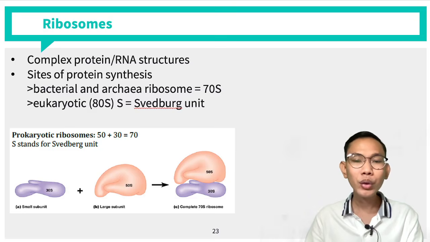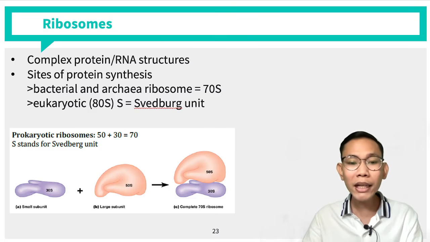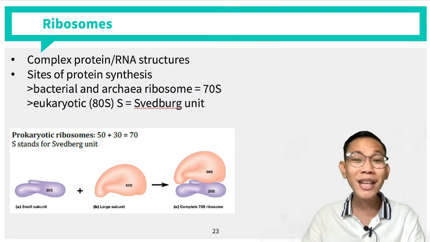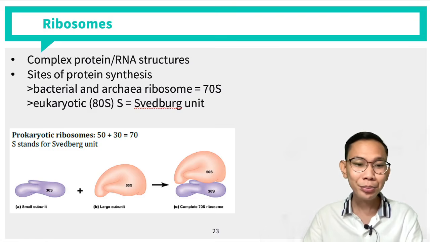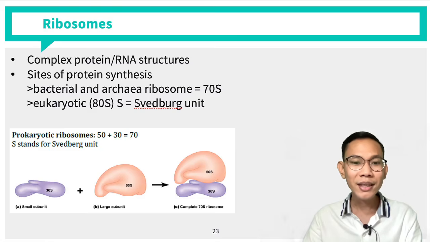In comparison to a eukaryotic cell, what is the small subunit? It's actually 40 Svedberg, while the eukaryotic large subunit is 60 Svedberg. So remember that, because that is very important. Again, pag prokaryotic or bacterial, small subunit 30, large subunit 50, but the complete is 70 Svedberg.